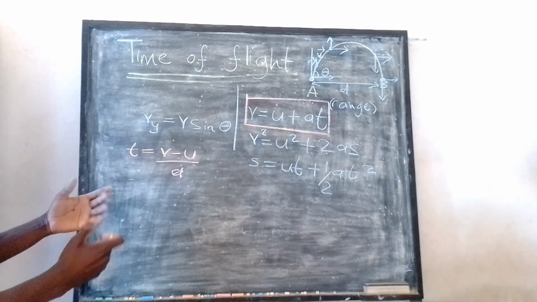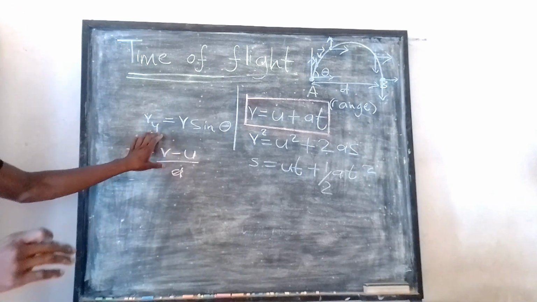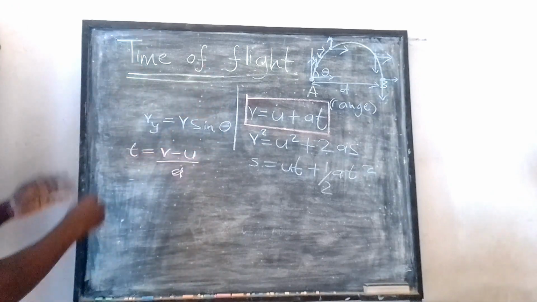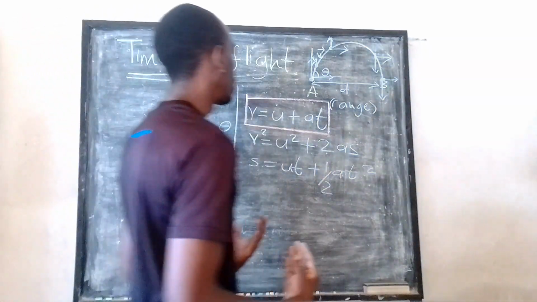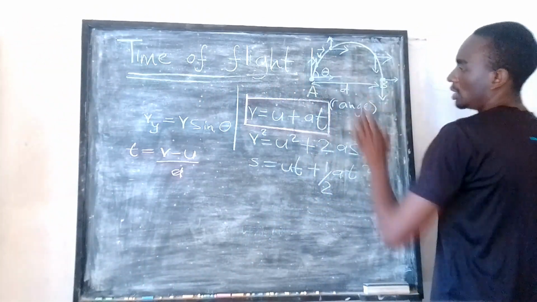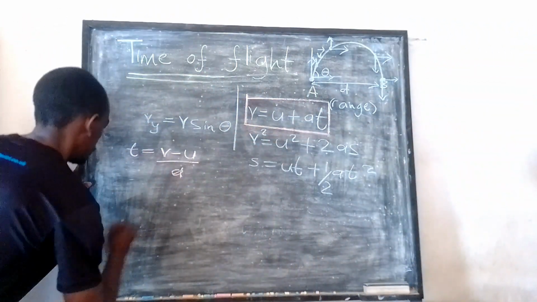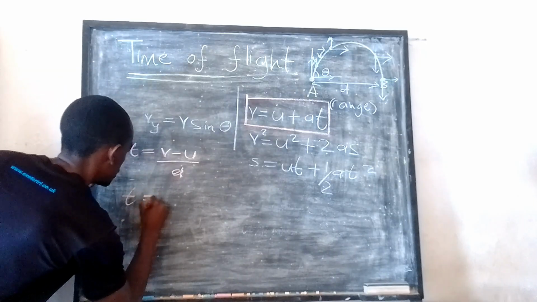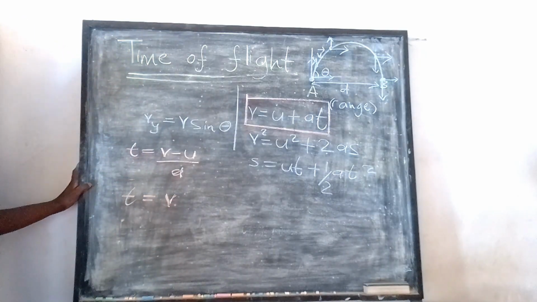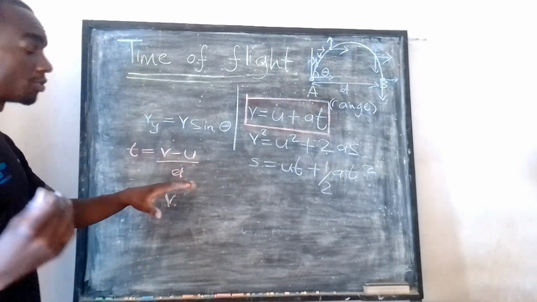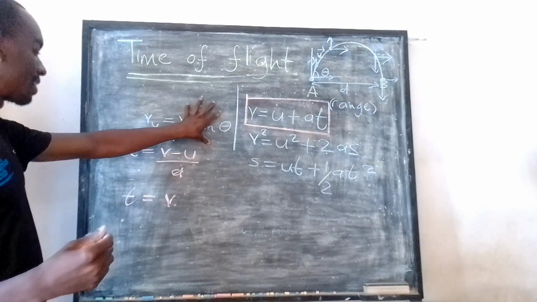So in this case, I want you to really know what v is and what u is. In this case, what is u? U is our initial velocity during the launch. So if we come here, that means we have v minus the initial velocity during the launch. The initial velocity during the launch is v sine theta.